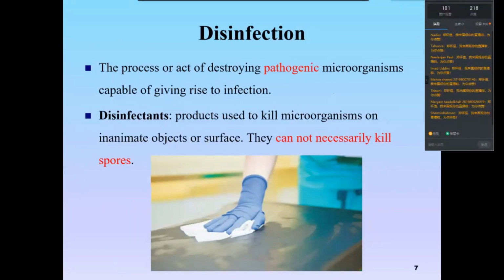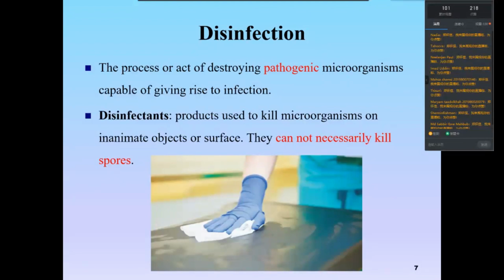For example, during this pandemic, we know that the virus can spread from the surface and can infect some people who touch the surface. So we can use chlorine, and usually we use bleach, or we can also use alcohol to clean contaminated surfaces.